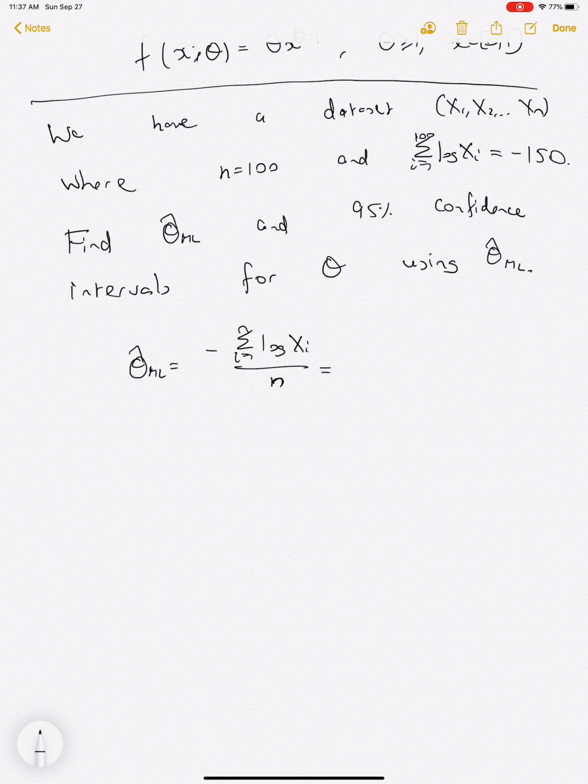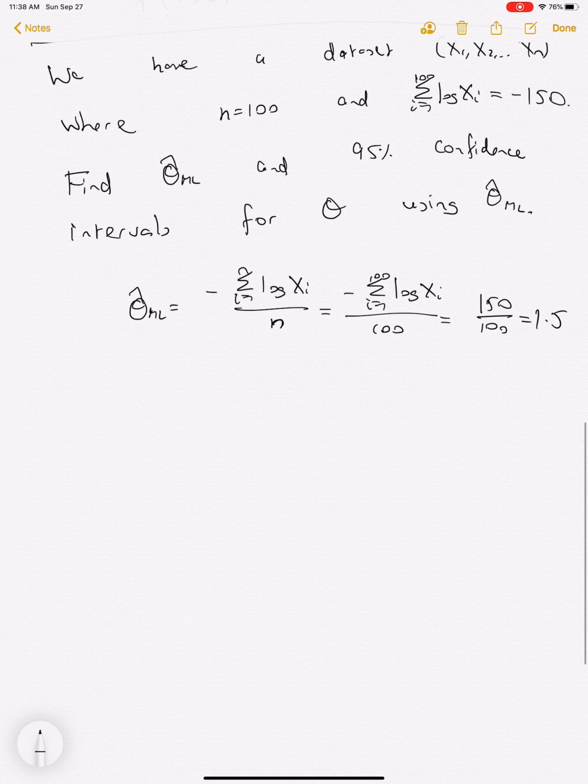And so in this case, that's going to be 150 over 100, and that's 1.5. And you can check that that's bigger than 1, which is the range of the theta that we had. So this is our theta hat ML.